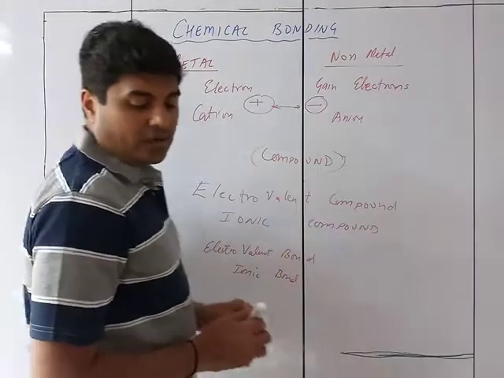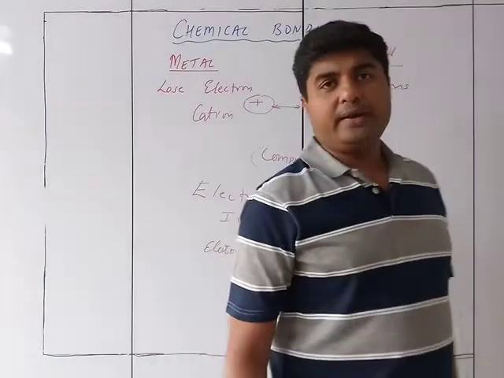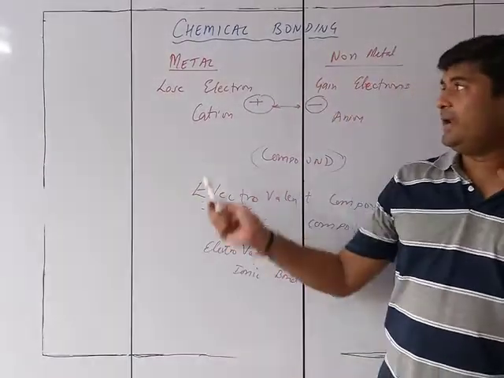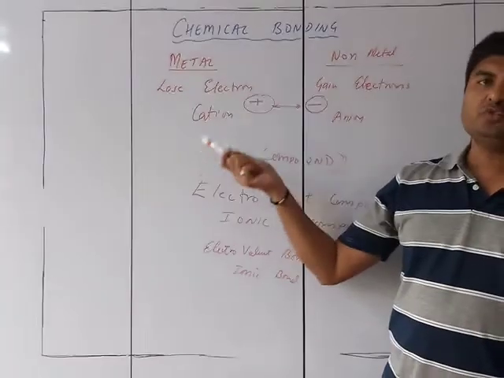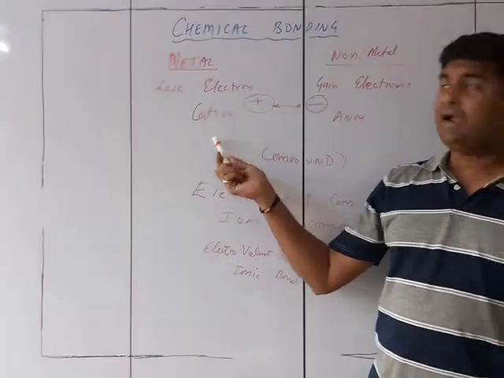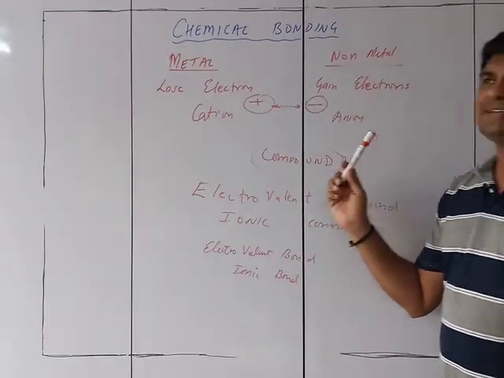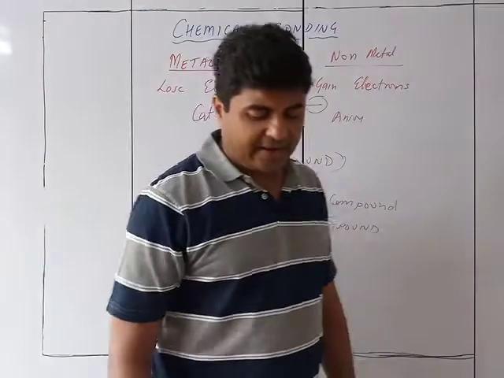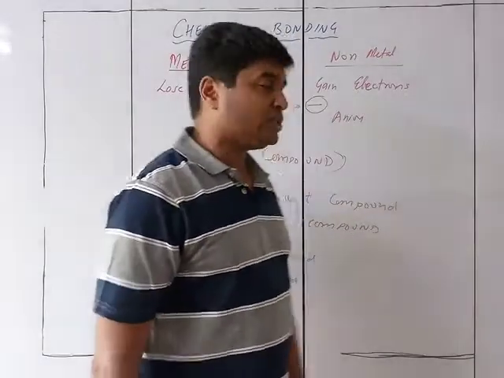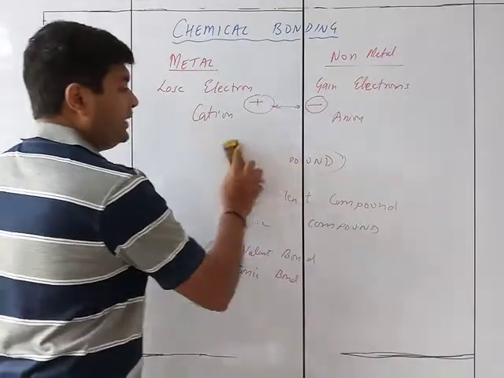Okay, so an electrovalent bond or ionic bond is going to be formed when a metal loses its electron and becomes positively charged, and the non-metal gains electrons and becomes negatively charged, and these positive and negative charges are going to attract each other and hence form a compound.